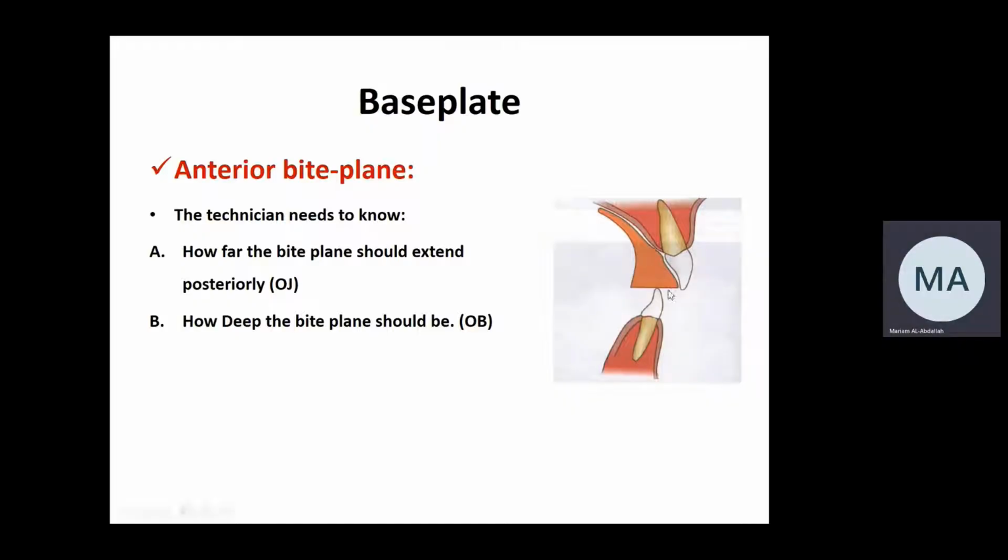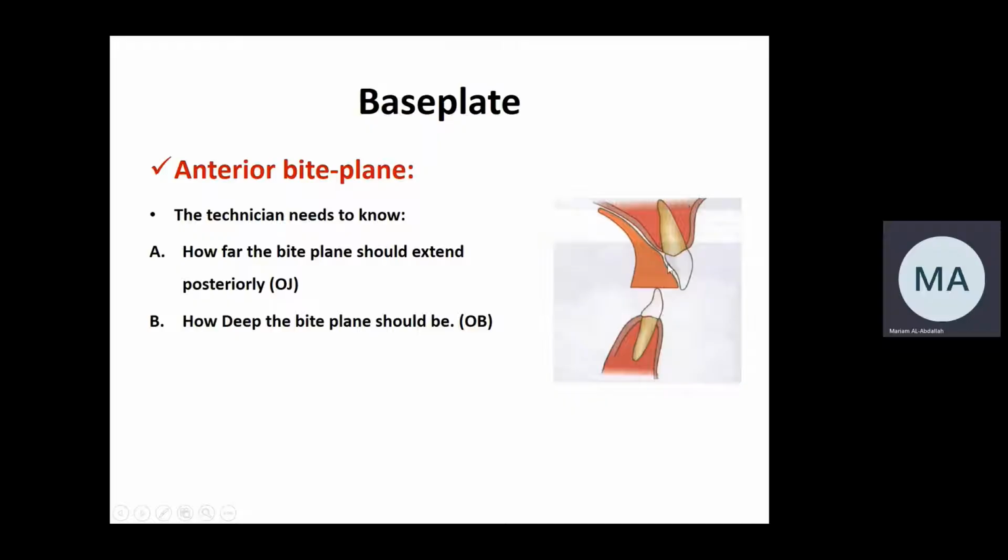The amount of overbite is important because you can only separate the buccal segment 2 to 3 millimeters. You cannot separate it more than that because the appliance will be uncomfortable and the patient will not wear it. So if the overbite is really deep, then we can have 2 stages of removable appliances.